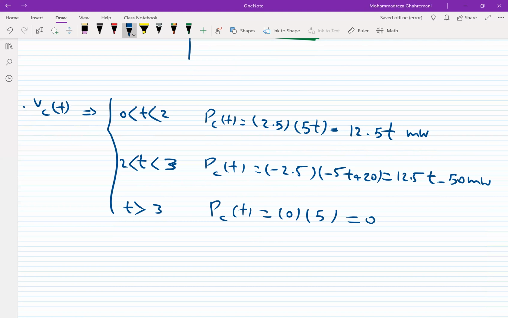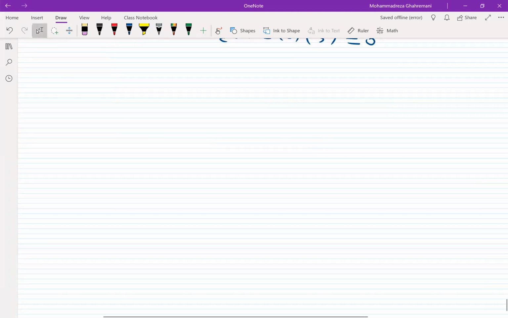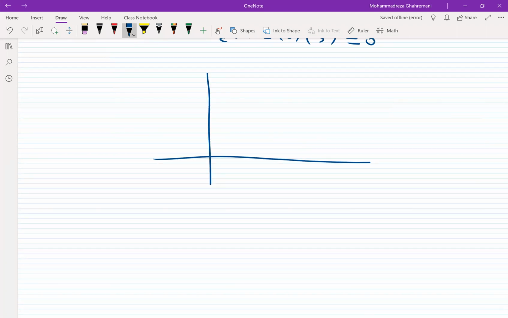Now let's plot the power. In order to sketch the power, we again have time in milliseconds and the power in milliwatts.